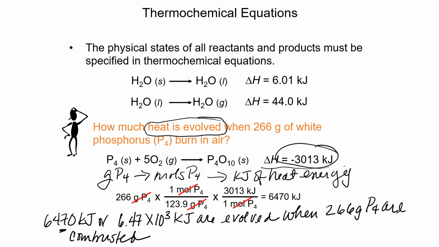If we were asked to give the delta H for that mass of P4, then the delta H would be negative, to show that that was an exothermic reaction. So terminology matters.